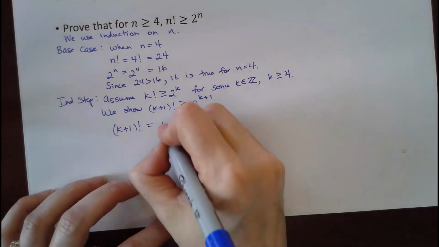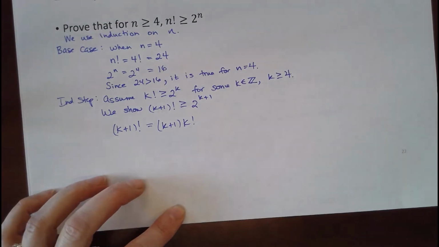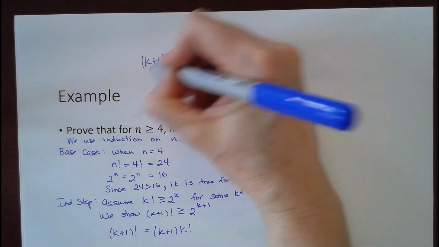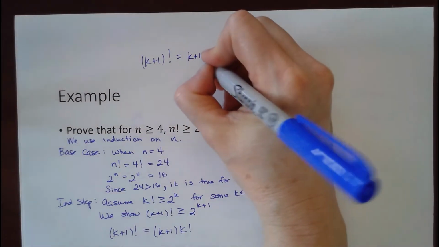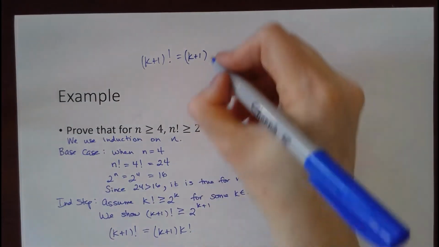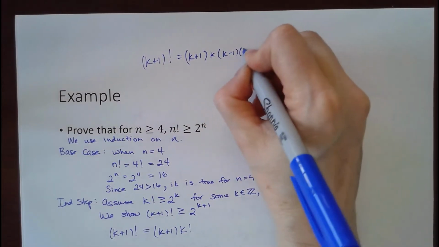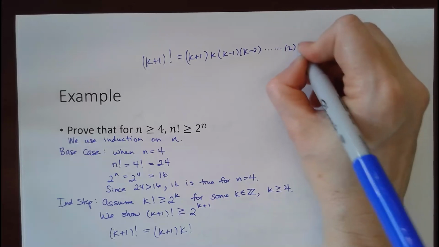Good. So this is equal to k plus 1 times k factorial. If you don't see that, let's write it out. k plus 1 factorial means you start with k plus 1, and then you multiply it by the number before it, which is k, times the number before it, k minus 1, times k minus 2, and multiply this all until we get down to 1.